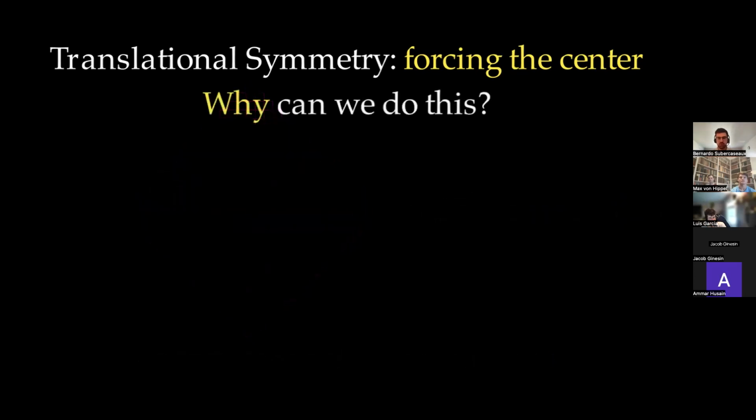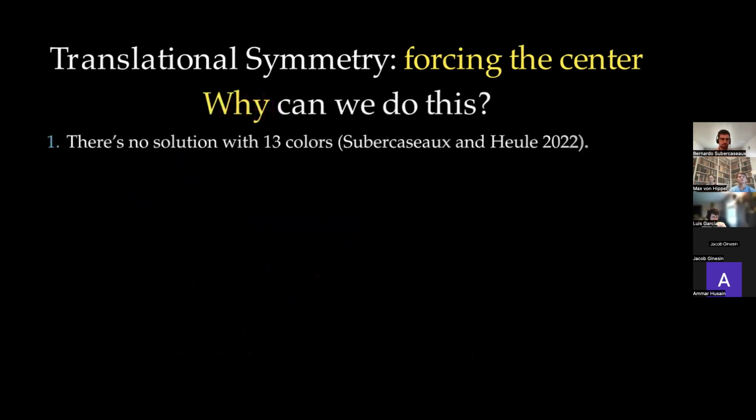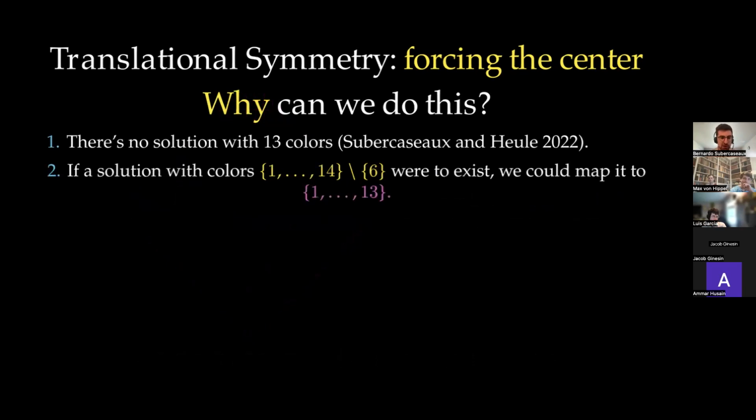So why is it fine to assume that we will have color 6 in the center? Well, first, we know based on our previous work from 2022 that there's no solution with 13 colors. So what that means is that if there were a solution with colors 1 through 14, but not using 6, then we could map that solution to only use colors from 1 to 13, right? Because basically, higher colors are more restrictive than lower colors.